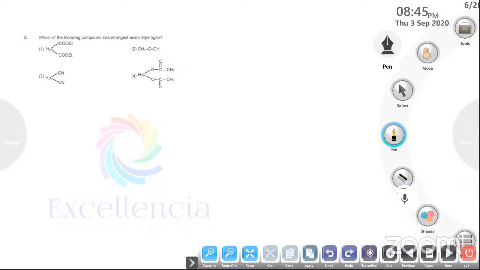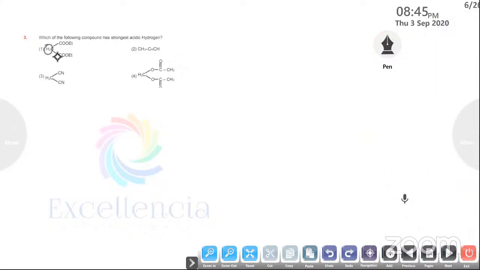So if you see the acidic hydrogen, this is one acidic hydrogen, this is an active methylene group. This is acidic hydrogen, connected to the carbon which is sp hybridized, and here this is also acidic hydrogen, as these two groups connected to this are electron withdrawing groups. Yeah, next, here this is also an active methylene group. So in option 1 you have an active methylene group, in option 3 you have an active methylene group, in option 4 also you have an active methylene group, and this is simply an alkyne.